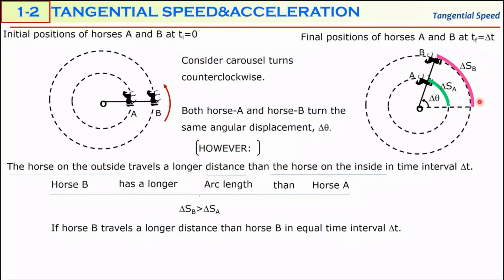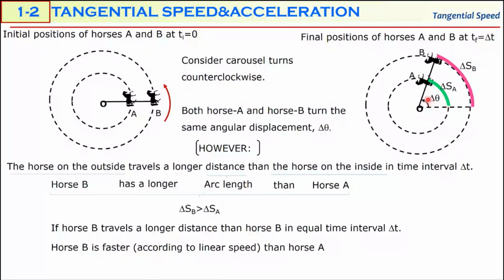So which horse is faster according to the linear speed? Horse B. Horse B is faster according to linear speed than horse A. Why? Because horse B is traveling a longer distance than horse A. So the horse on the outside will have a greater linear speed than the horse inside. But their angular speeds are the same.